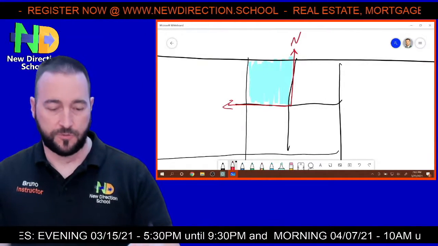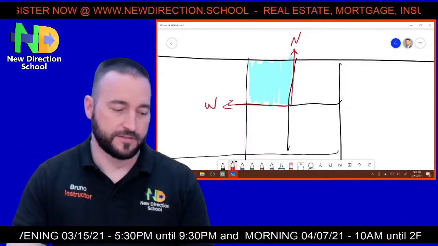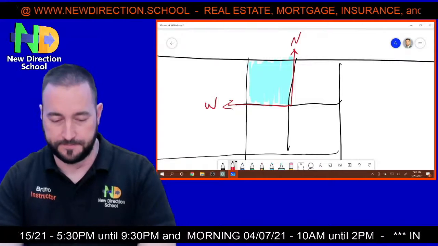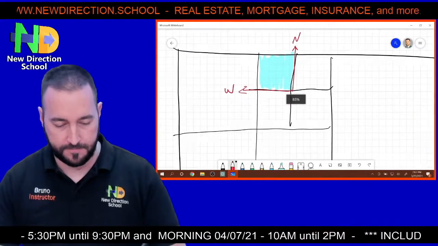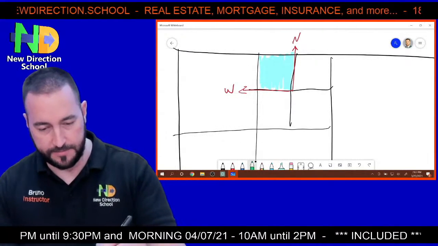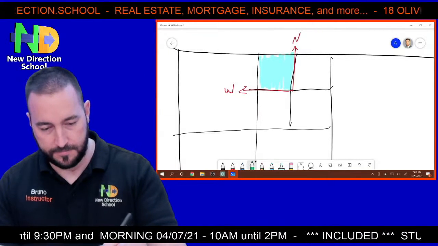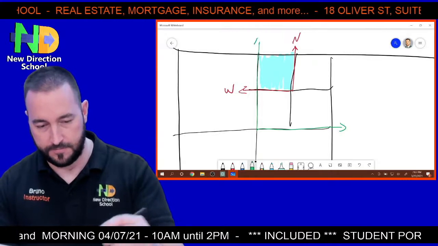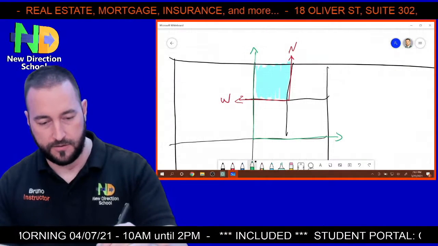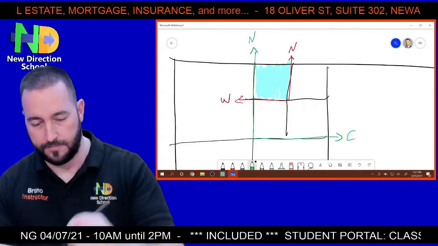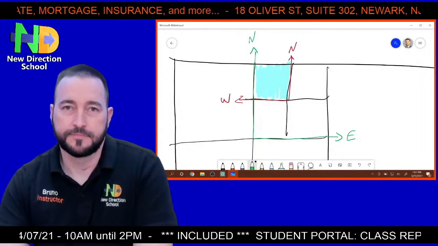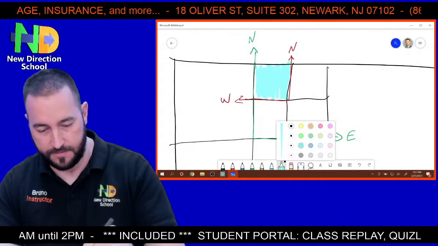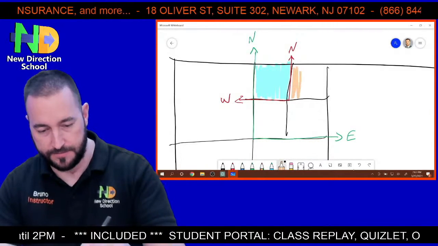And then it's east or west, so this is pointing west. So we start off with saying that this is the northwest quarter, okay? And it's located right here, on the northeast quarter. Let me fill this out so you visualize better.